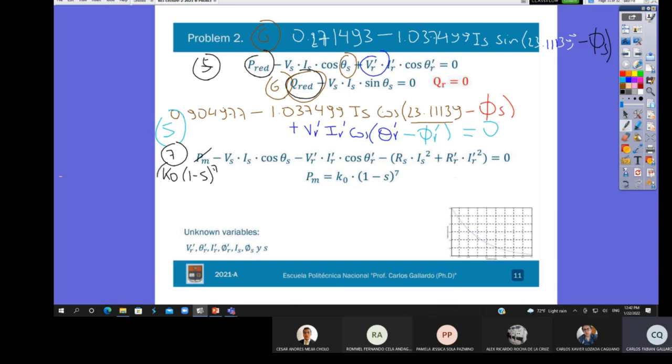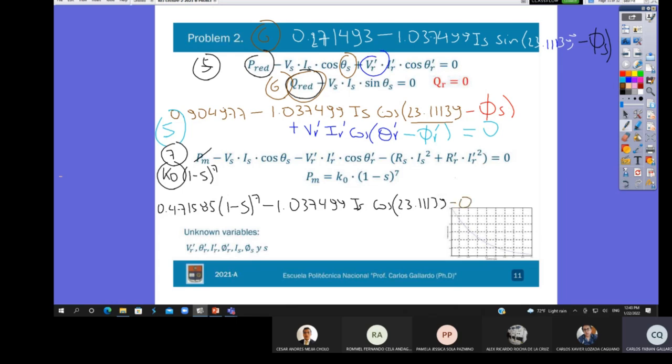So this is data. I will have 0 equals 0.4715 times 1 minus the slip to the power of 7, minus the stator voltage, which is 1.0, times 37.499, times the stator current, times cosine of the angle 23.111139.